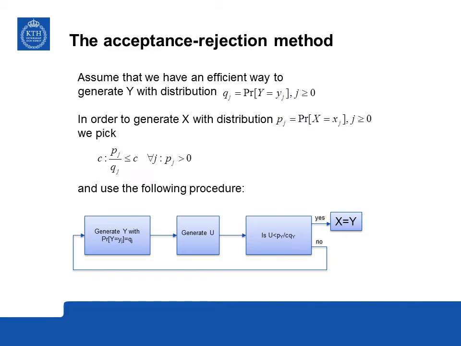So you can see that if c needs to be chosen very large, and this means if p and q differ a lot, then this is not a very good method, since we will be having to repeat the process very many times. It's not a very efficient method. So this works well if c can be kept moderately small, which means that p and q are reasonably similar distributions.